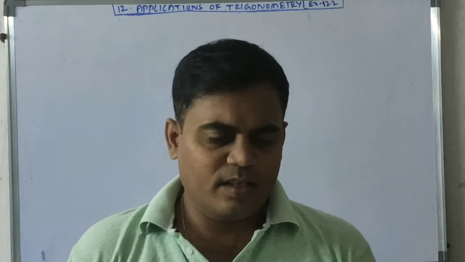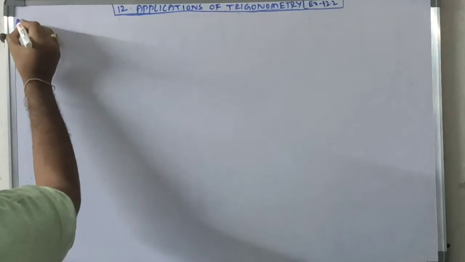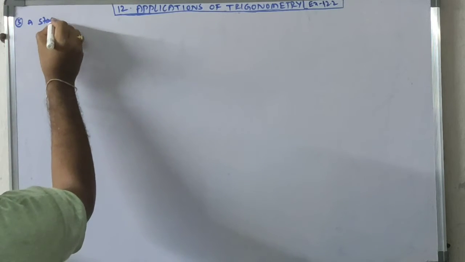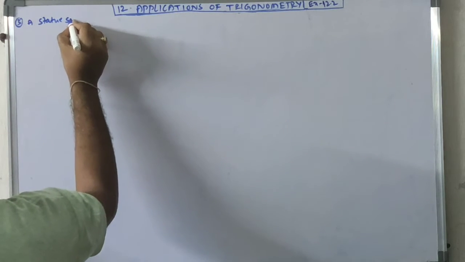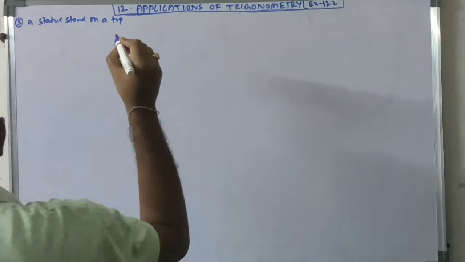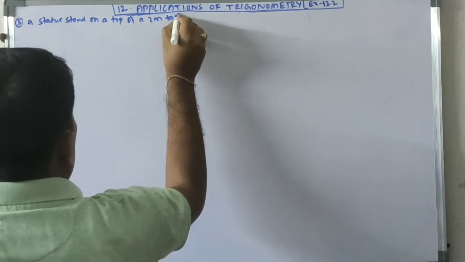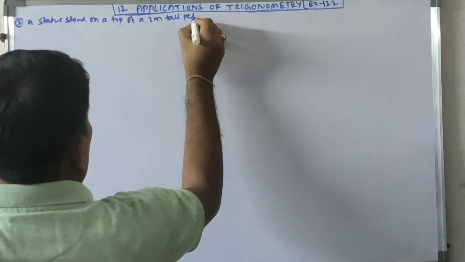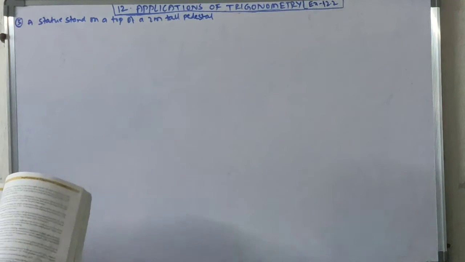Applications of trigonometry, exercise 12.2, third question. A statue stands on top of a 2 meter tall pedestal.